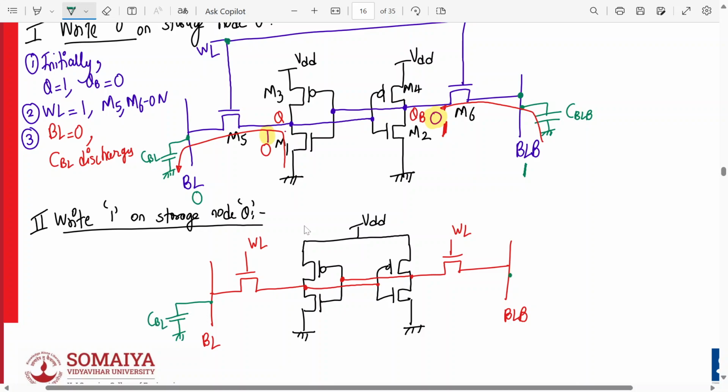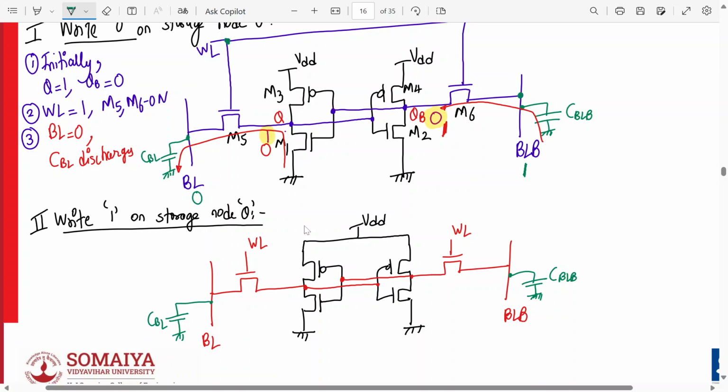See, bit line and bit line bar. Now CBL discharges via M1 and M5, and here BLB charges via M6 to VDD. So that is what happens actually.